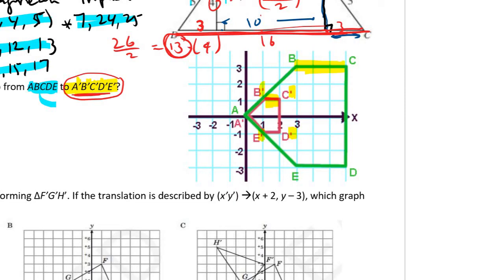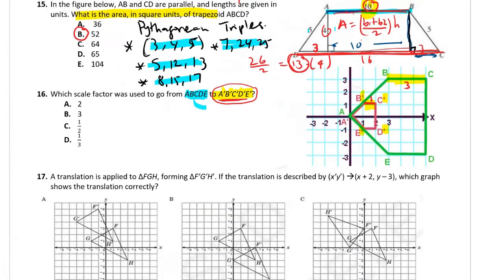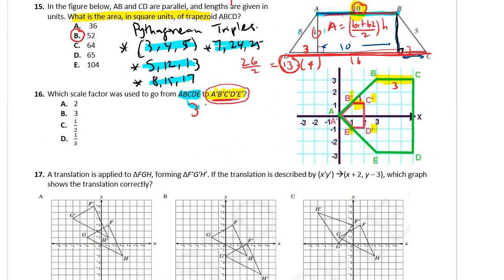The ratio must be the same as the other ratios. So we're going from 3, here is 3. 1, 2, 3 to 1. So it's 3 to 1, not 1 to 3. It's 3 to 1. All right. So 3 over 1 is 3.